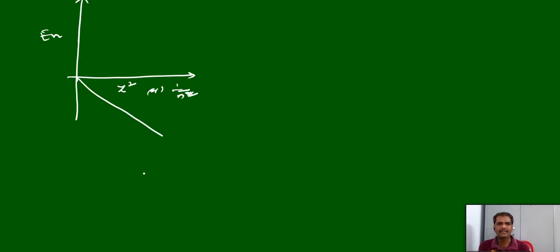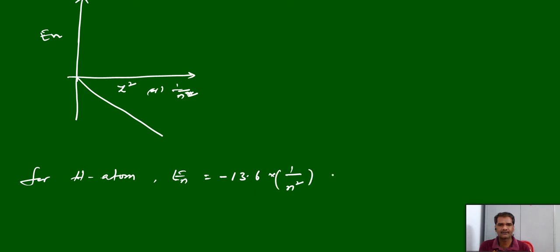Now we'll calculate energy for hydrogen atoms. Let us take the hydrogen atom. What is the energy? En is equal to minus 13.6, Z is anyhow 1, by n square, electron volt per atom.